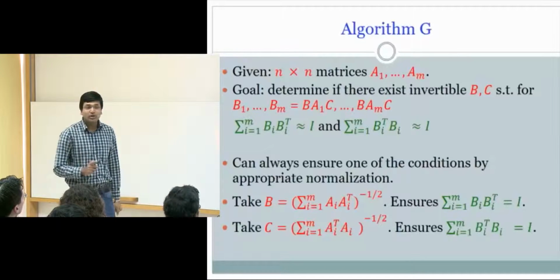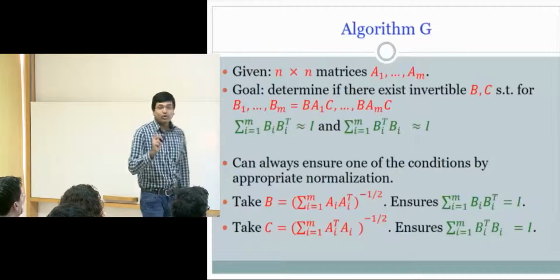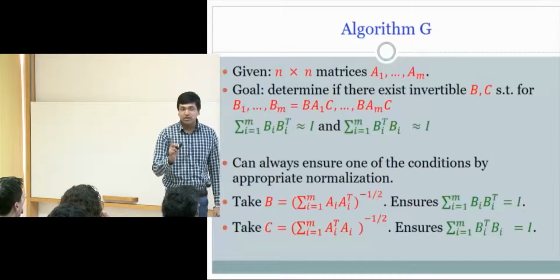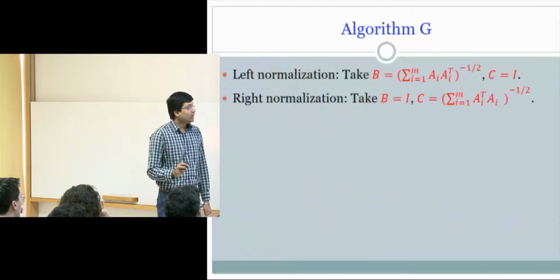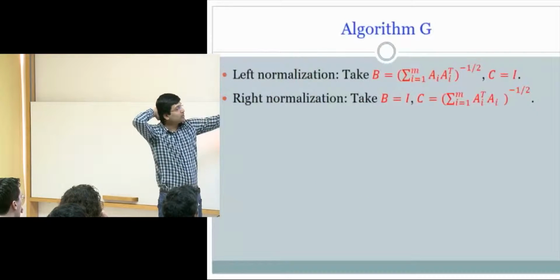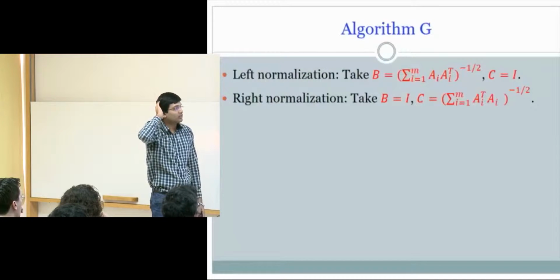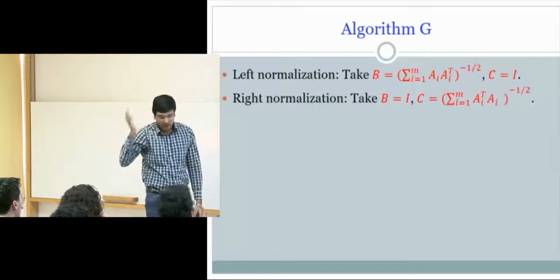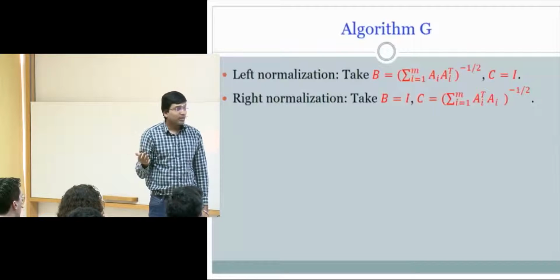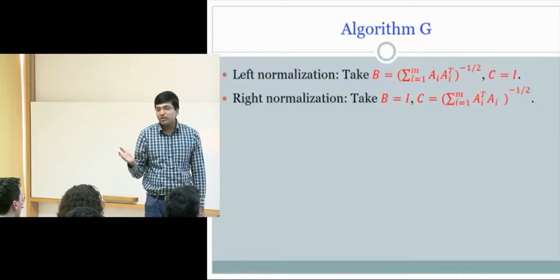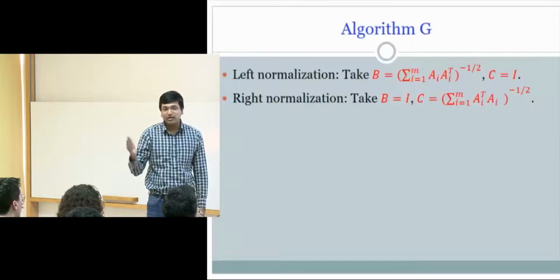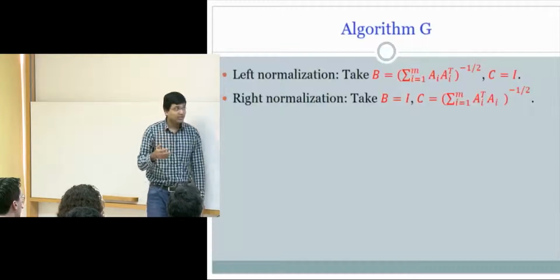So you can always ensure one of these two conditions, and you want to ensure both of them simultaneously, if it's possible or not. I'll call this left normalization if I take B to be this, C to be identity, and the other right normalization. To ensure both simultaneously, the algorithm is the simplest thing you can imagine. Maybe I'll let you guys discover what the algorithm is.